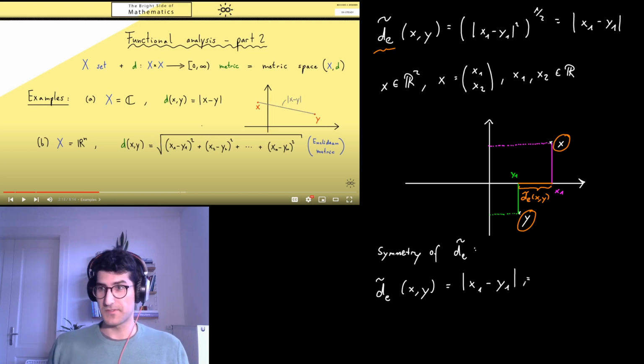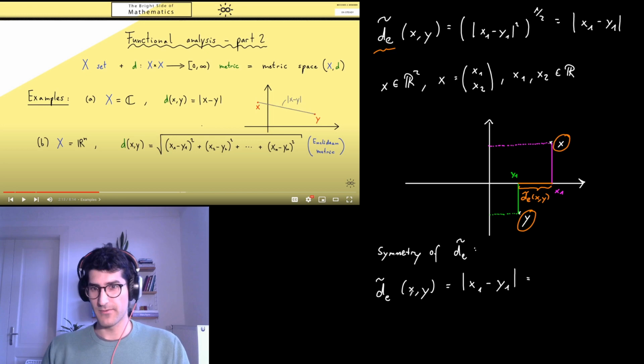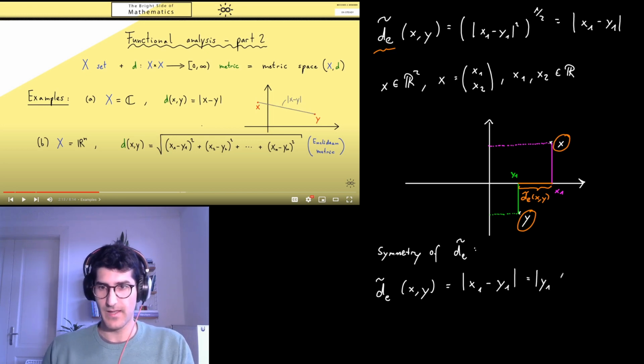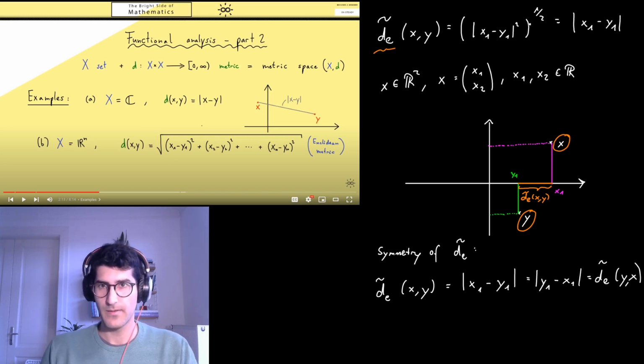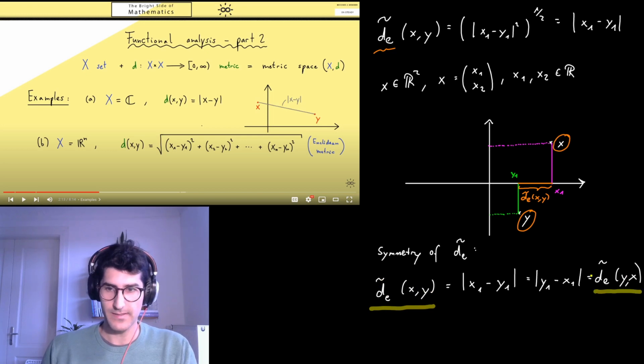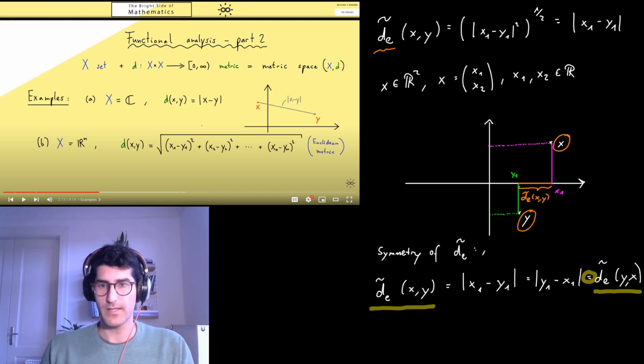And now we can use symmetry of the metric that is induced from the absolute value of real numbers. So this is the same as the absolute value of y1 minus x1. And by the definition of dE tilde, this is nothing else than dE tilde of y and x. So on the left-hand side we have dE tilde of x and y, and on the right-hand side this is equal to dE tilde of y and x. So symmetry has been checked.